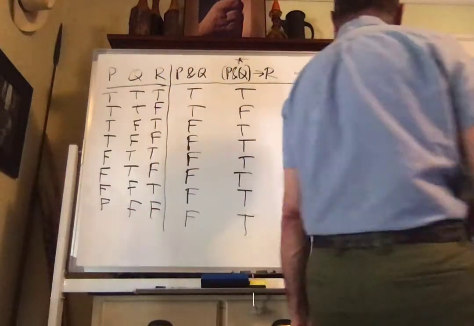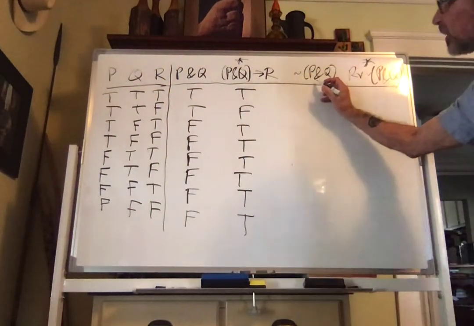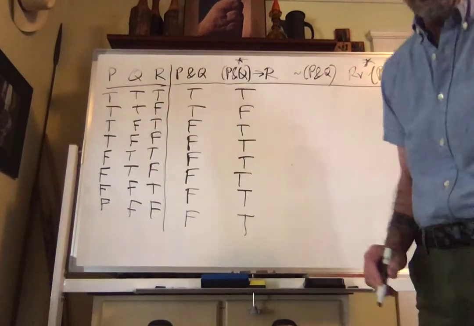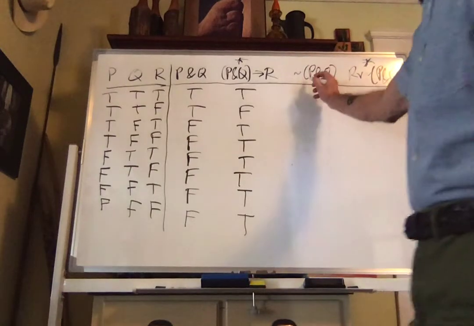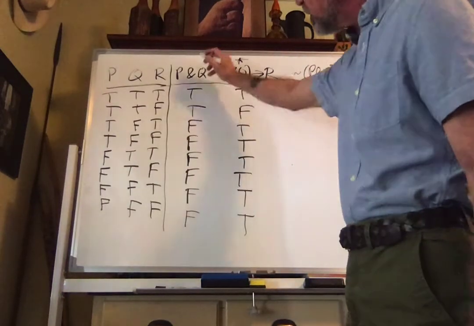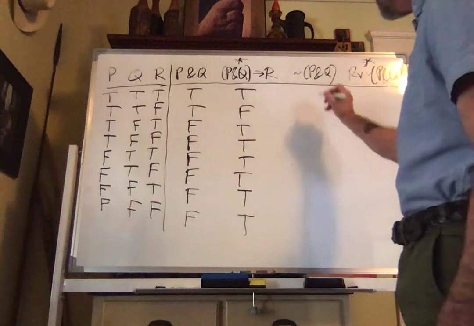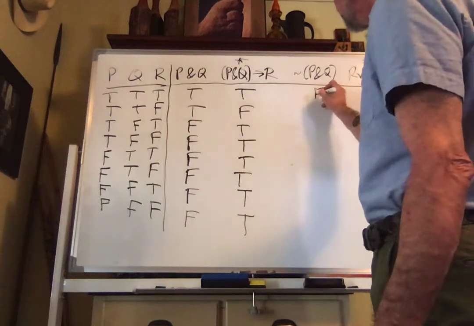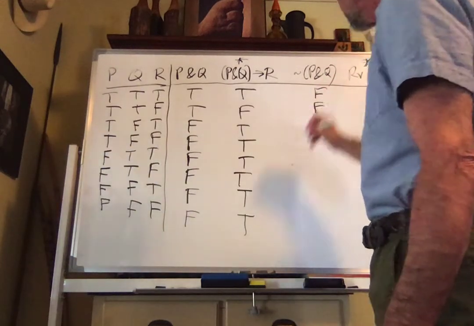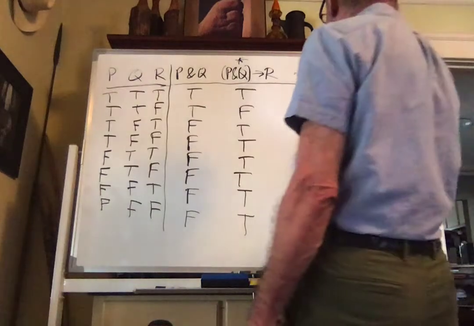Now we're moving to what's basically an additional reference column. This is just the negation of P ampersand Q, so it's the opposite of what we have under P ampersand Q. So we'll have 2 F's followed by 6 T's.